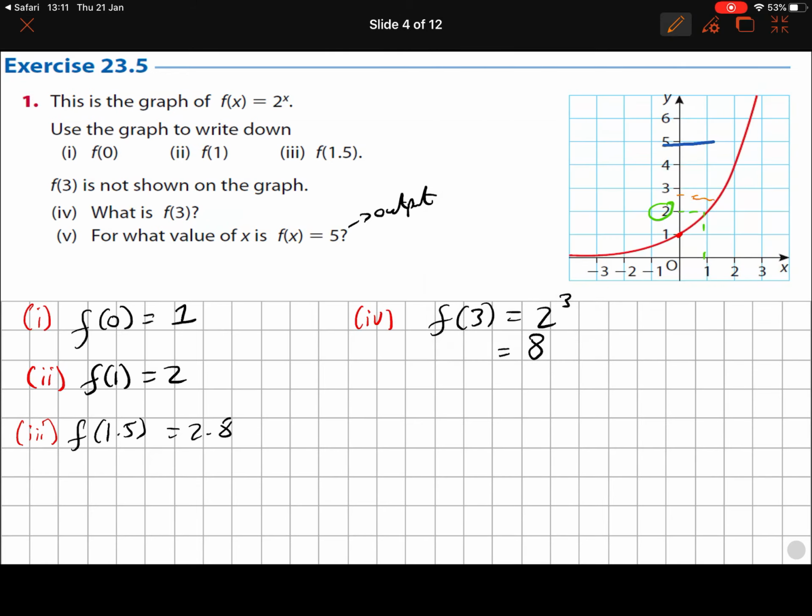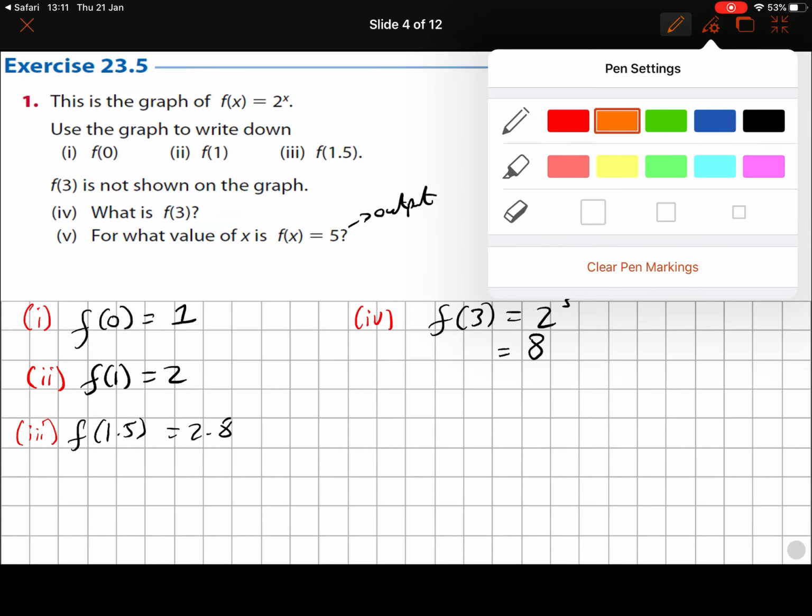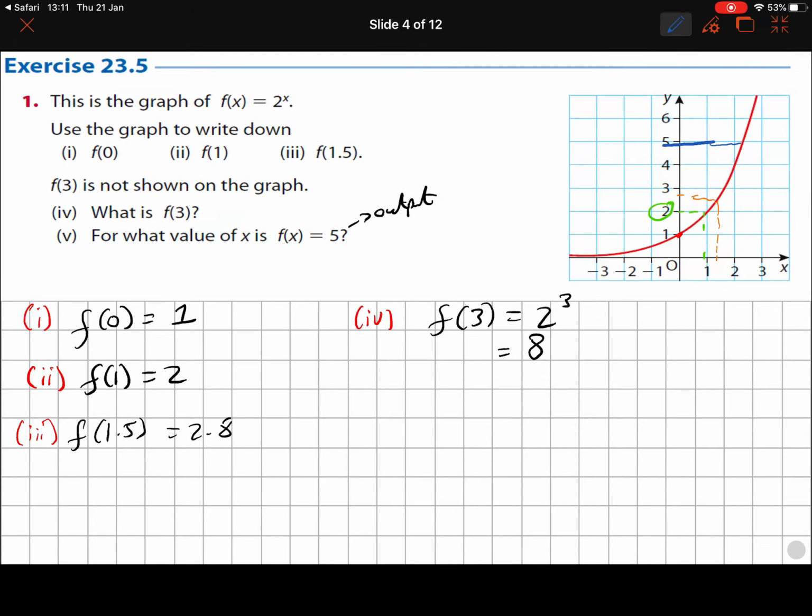Let's draw in those lines there. So kind of go across and down there. So it's about 2.3, we'll say. So that's part 5. So 2.3.